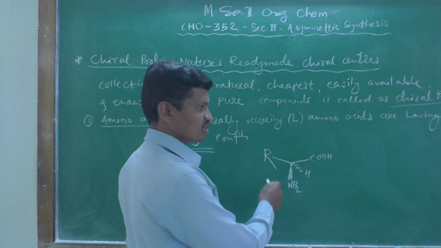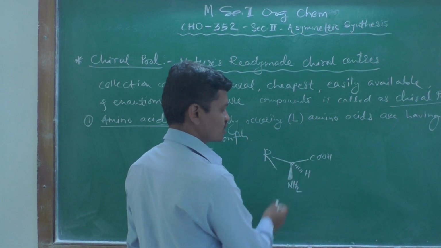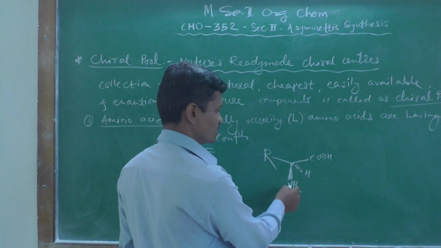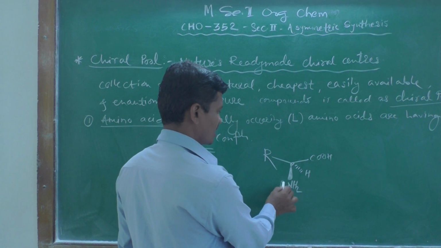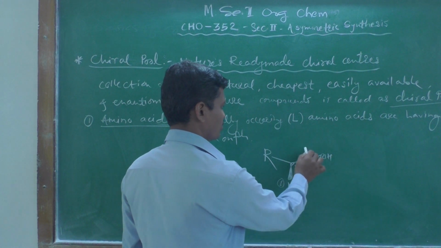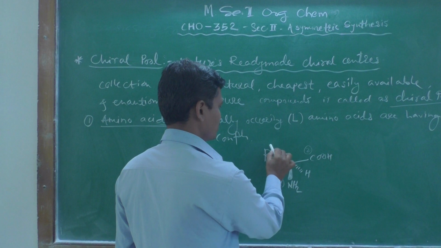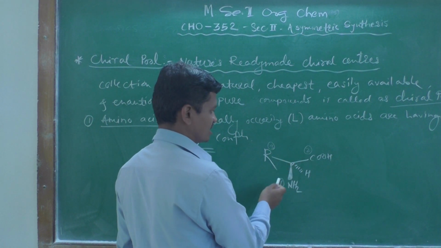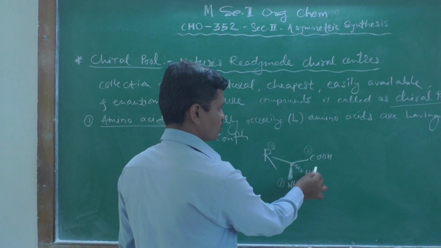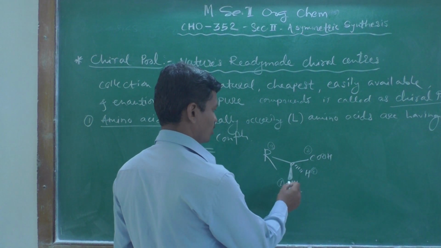Let us find out the absolute configuration of this molecule. Nitrogen, having atomic number 7, will get priority 1. Second will be the carbonyl group of the acid, COOH, third will be the alkyl group, and fourth priority will be the hydrogen atom. So how is the molecule moving?